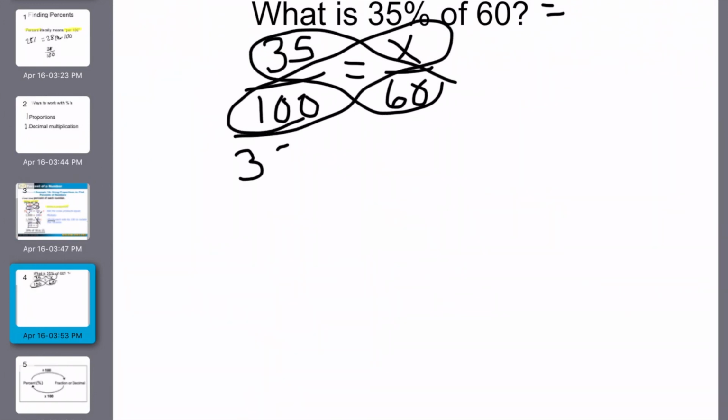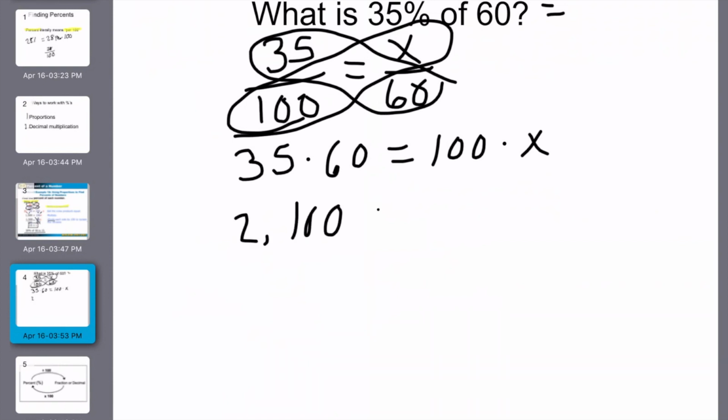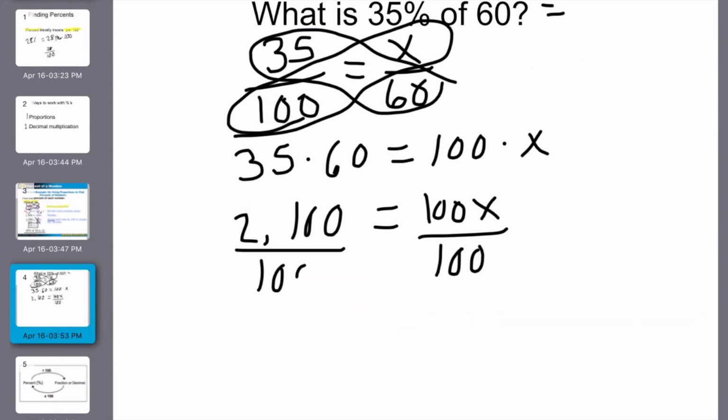So I have 35 times 60 equals 100 times x. I know that 35 times 60 is 2,100, and that equals 100x. Sorry, that looks like 180x. Let's change that. 100x. Now my next step is I need to divide both sides by 100, or divide them by whatever is attached to my x.